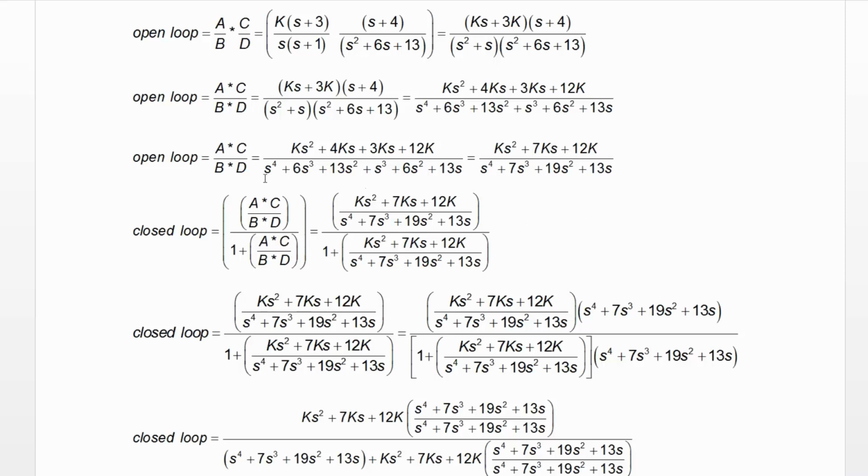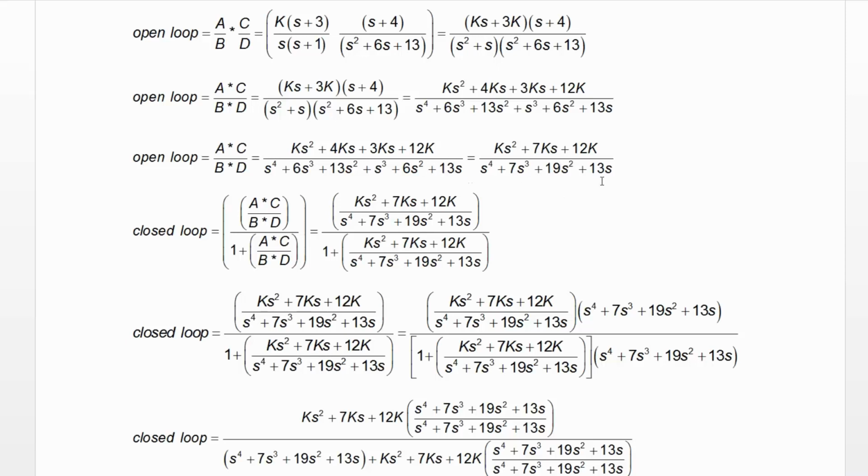Gather like terms on the bottom the same way. You've got an S cubed here, an S cubed here. S to the 4th is by itself. It's the only S to the 4th in here, so it's S to the 4th. Plus 6S cubed plus S cubed is 7S cubed. Then plus 13S squared plus 6S squared is 19S squared.